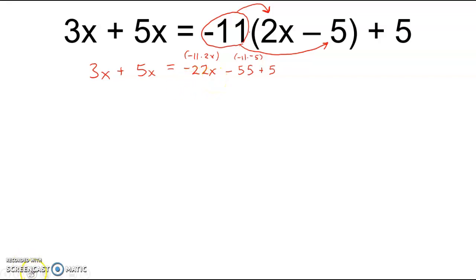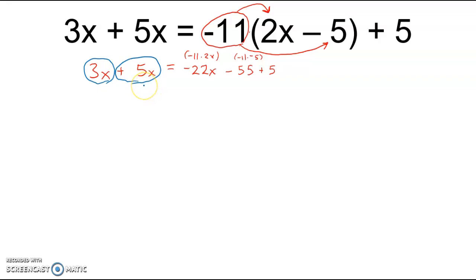And now the next step is to combine like terms. So let's see what is alike. On this side of the equal sign, focus on one side at a time, we can add these two terms together.